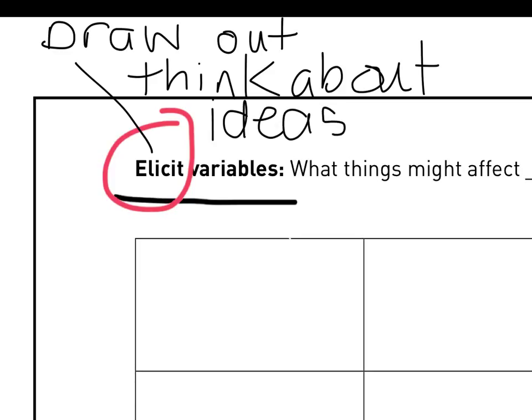So when we elicit variables, we are looking for those things that can change or affect the results of an investigation. So the first thing that we do when we get a variables grid is to elicit variables. Okay, we're thinking about everything that could possibly change or affect our results.